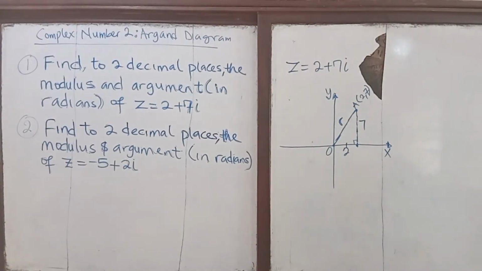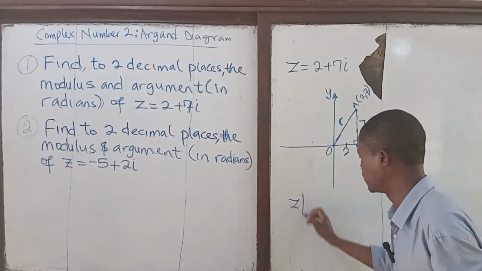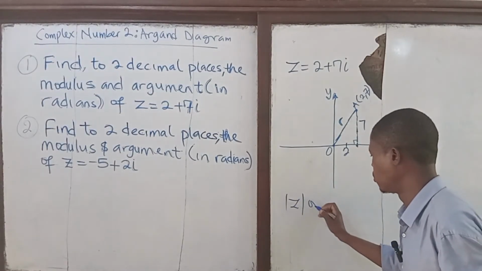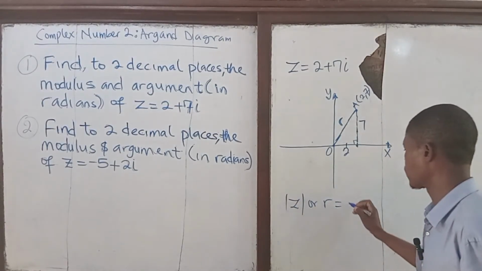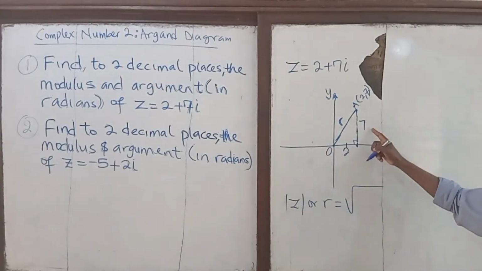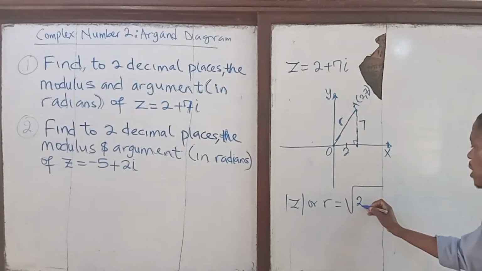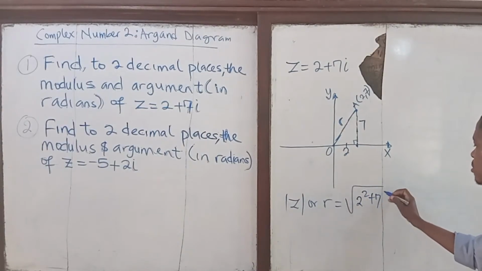So the modulus, we use r for that, and using the Pythagorean theorem, this square plus this square equals r square. Then you take the square root of both sides, and that will be equal to the square root of 2 square plus 7 square.